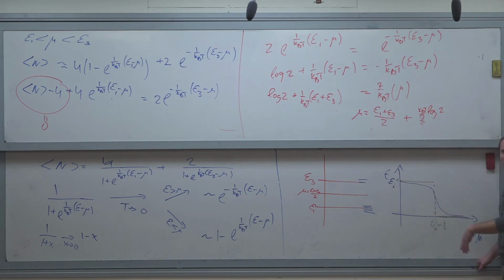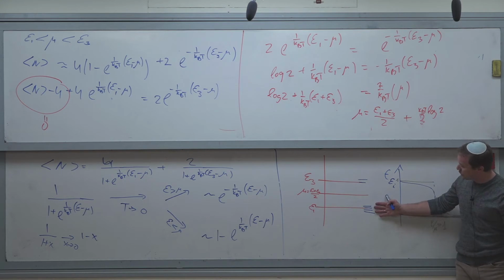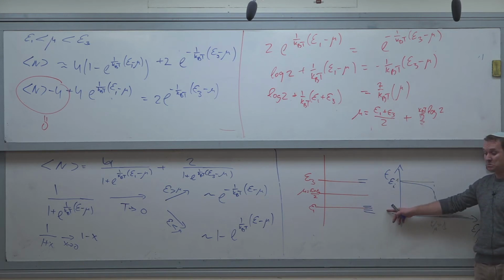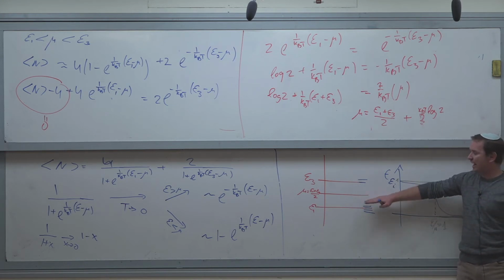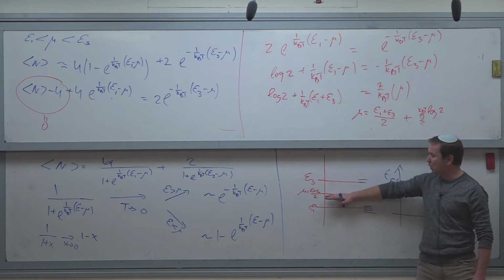For a very small temperature, for a fermionic system, and we have on average 4 particles, all the 4 states with the lowest energy are going to be occupied. Okay? Here we have a gap between epsilon 1 and epsilon 3. So anything below this mu is going to be occupied.